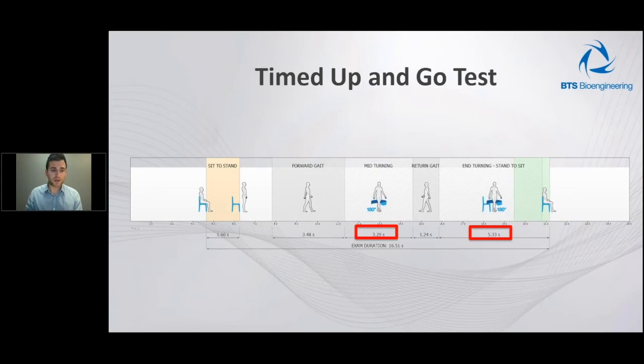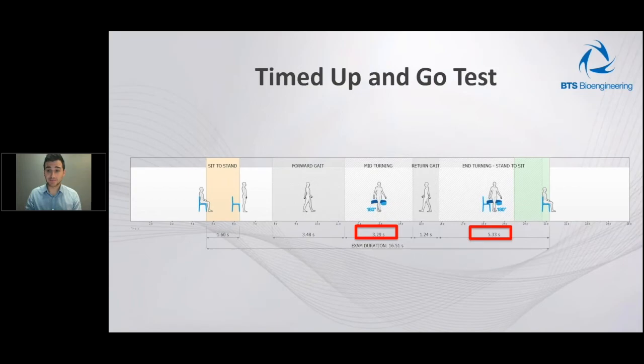So we can immediately understand how this device is useful in characterizing the patient's situation, and we can understand that by performing the Timed Up and Go test using a stopwatch, we lose important information able to characterize the patient's situation.